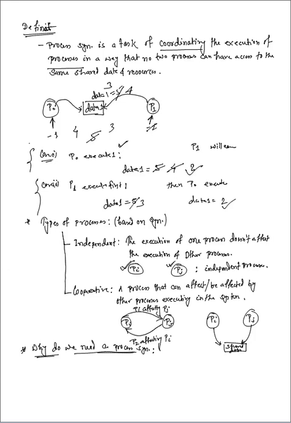So we are going to see after some time that if we do not synchronize the processes, in case of independent processes it's okay, but in case of cooperating processes, if we do not synchronize them, then there may be issues of data integrity, data loss or inconsistent data.